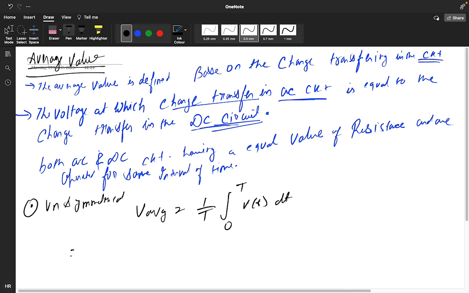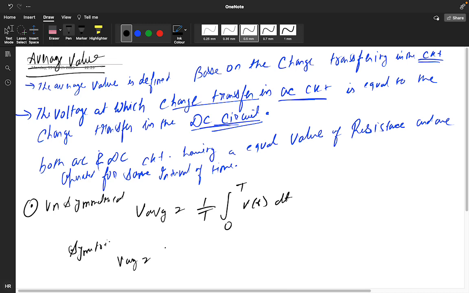And for symmetrical, V average will be 0 for a full cycle. How so? I will show you.